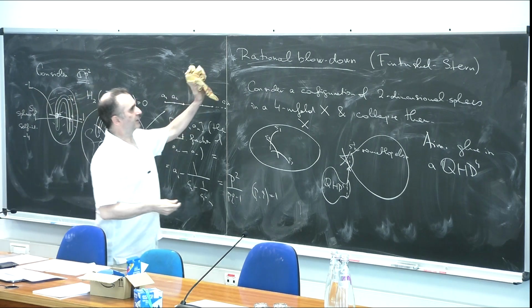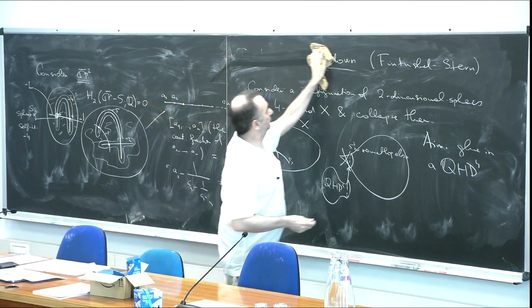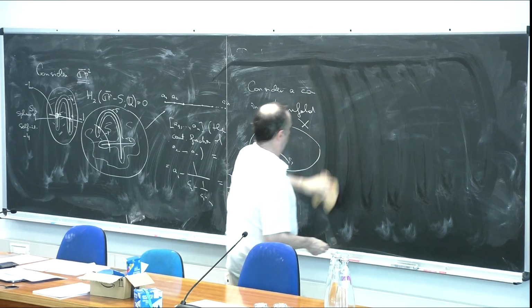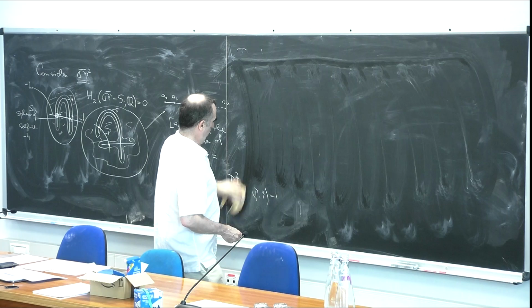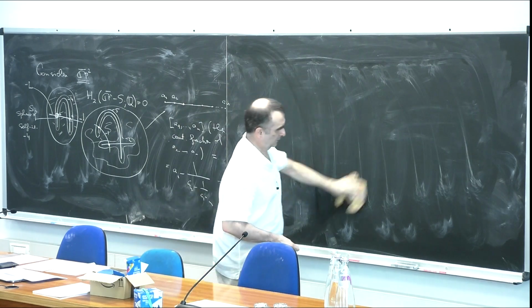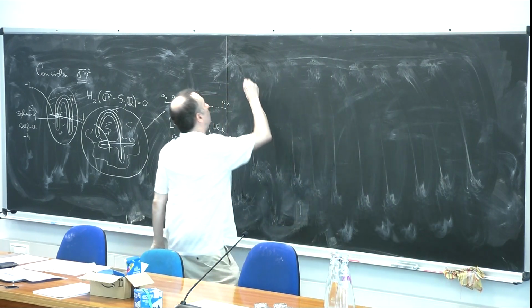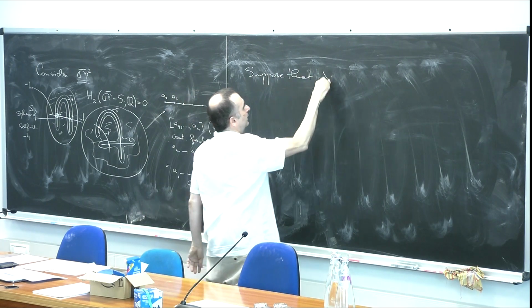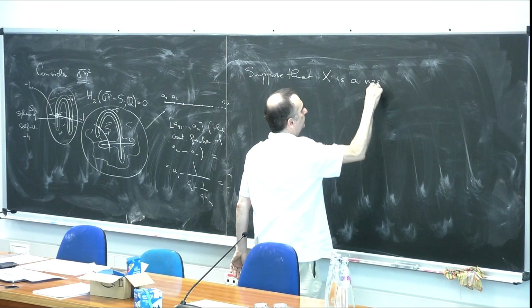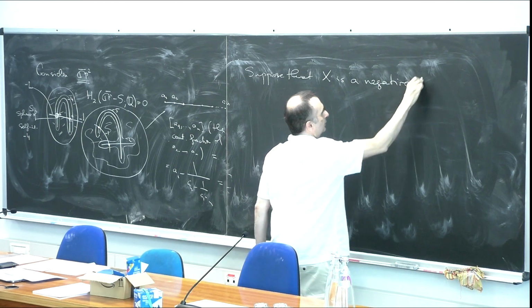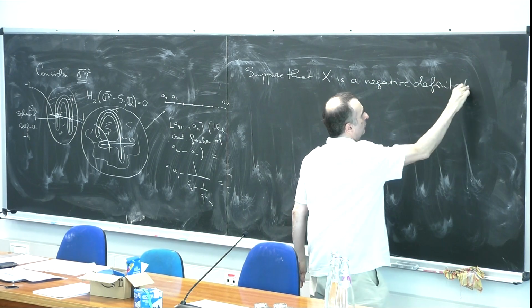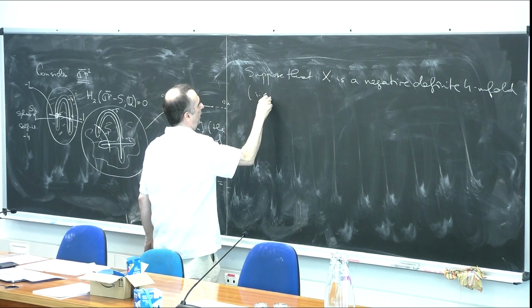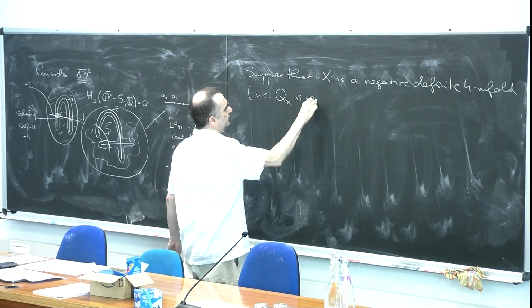So let me start with a remark. Suppose that X is a negative definite 4-manifold. This just means that Q_X is negative definite.